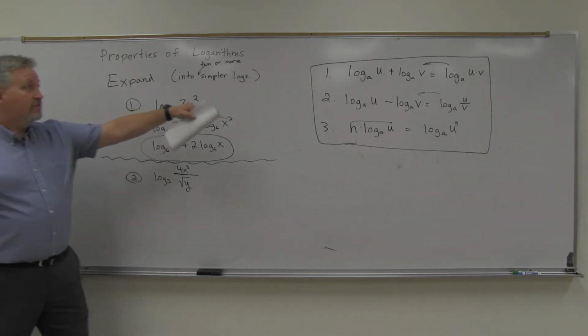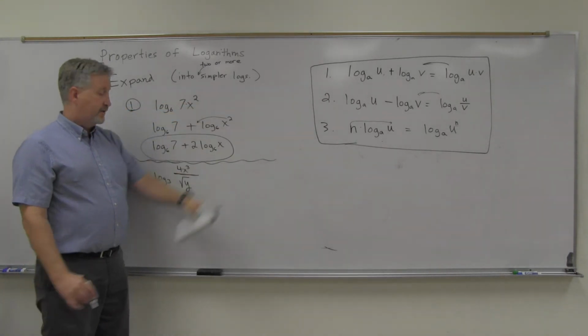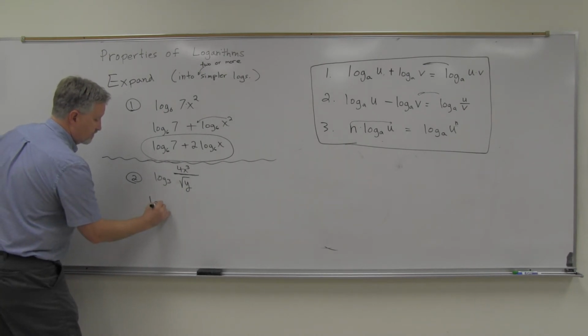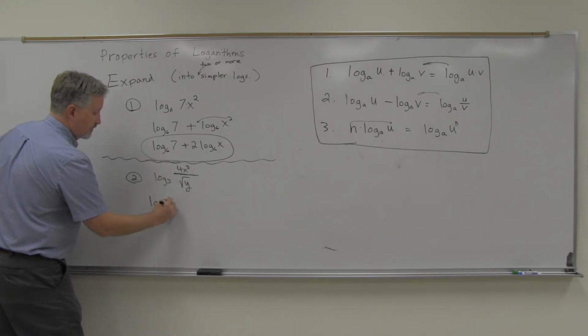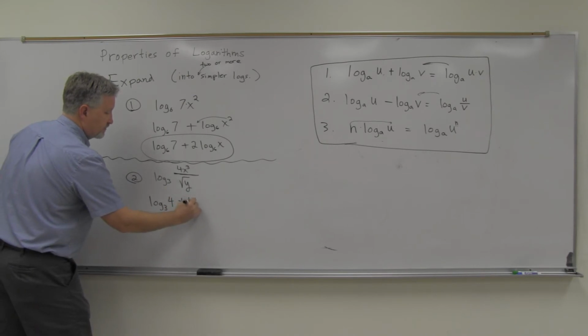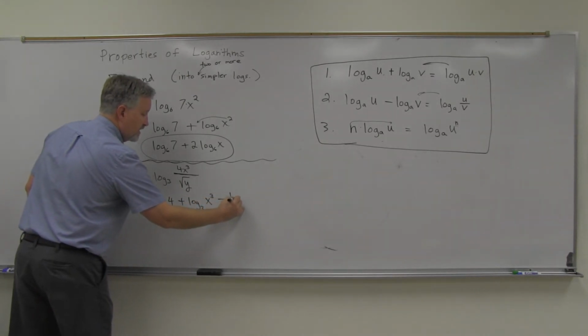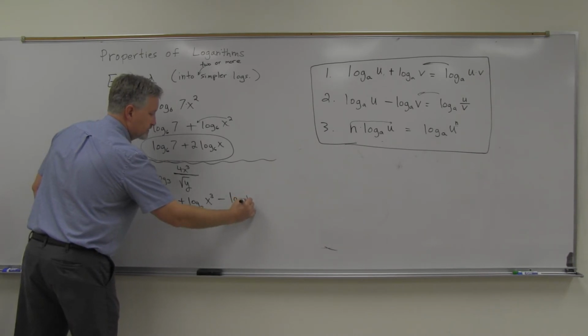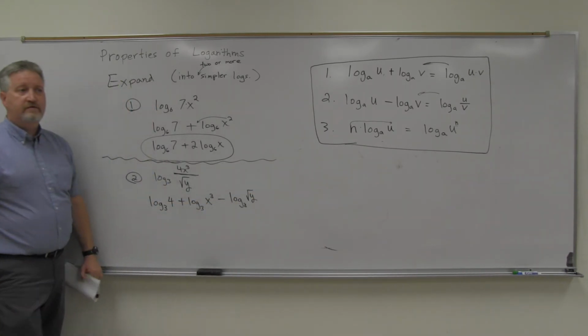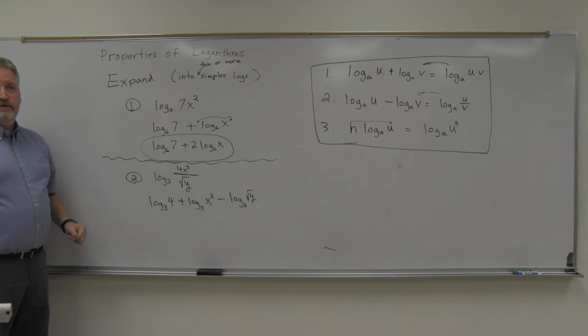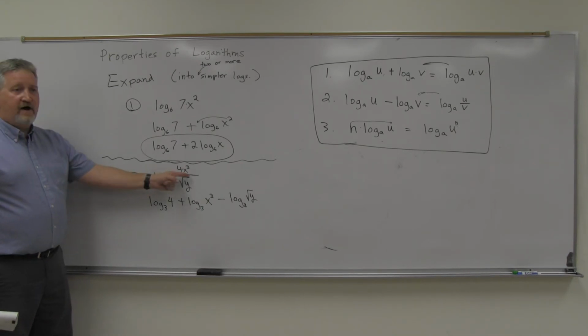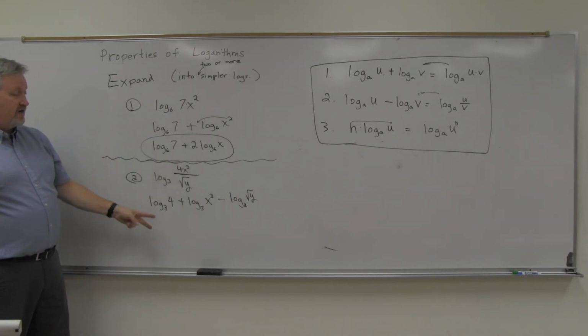And so by property 1 and 2 here, couldn't I expand that to be the log base 3 of 4 plus the log base 3 of x cubed minus the log base 3 of the square root of y? Is that okay to do all at one whack there? I've got times and I've got divide. And so by property 1 and 2, I can do this.